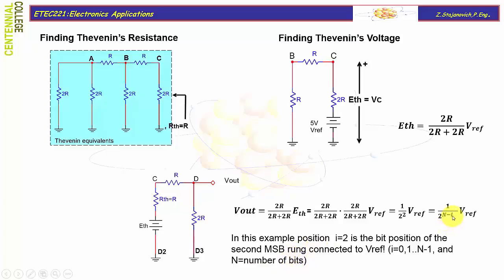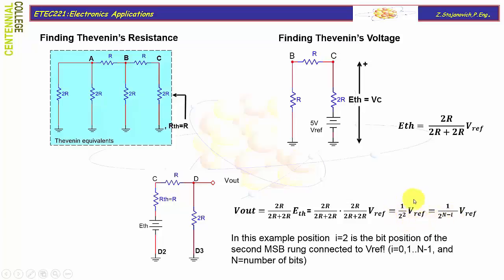With the introduction of I as a bit position, we can use a recursive formula to express the same value. Here, once again, n is the total number of bits. I is the bit position in a rung that is connected to Vref. So n is 4, I is 2, 2 to the power 4 minus 2 is 2.